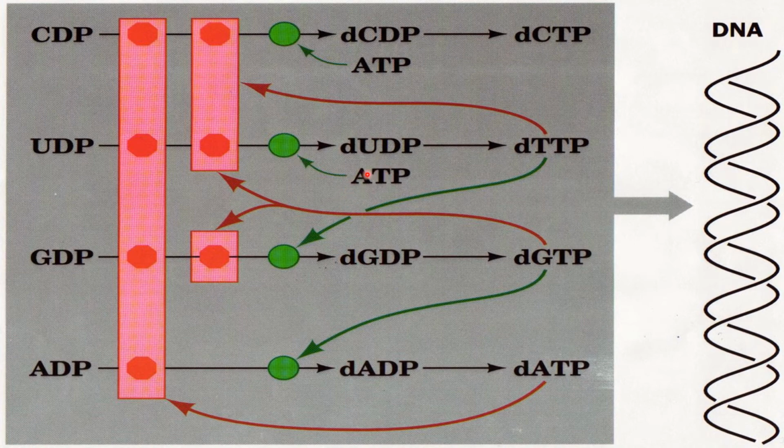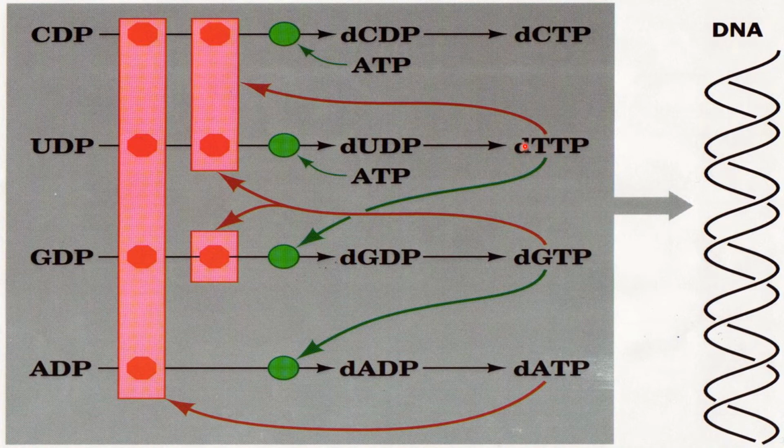When there is ATP, it activates the synthesis of UDP to deoxy UDP, and this UDP activates the synthesis of CDP to deoxy CDP. ATP also activates the synthesis of CDP to deoxy CDP and then into the CTP.